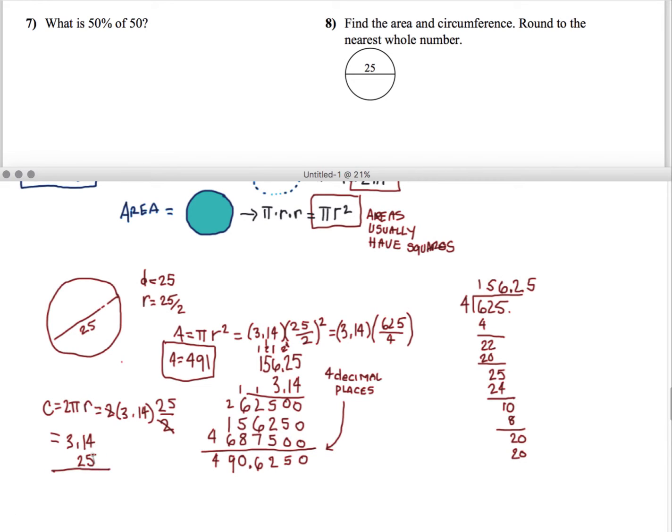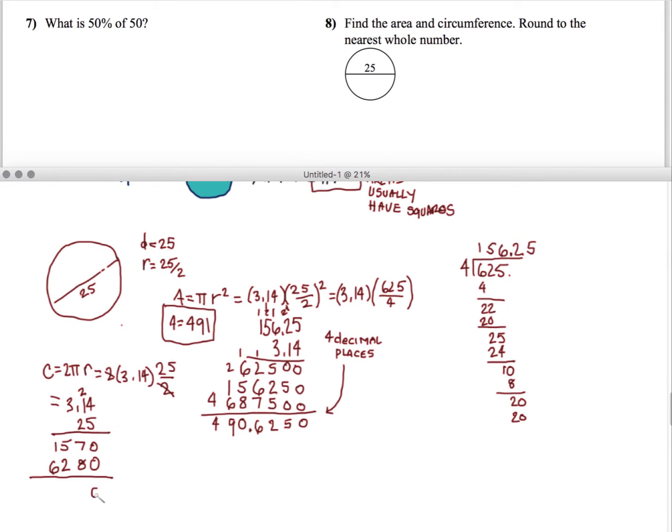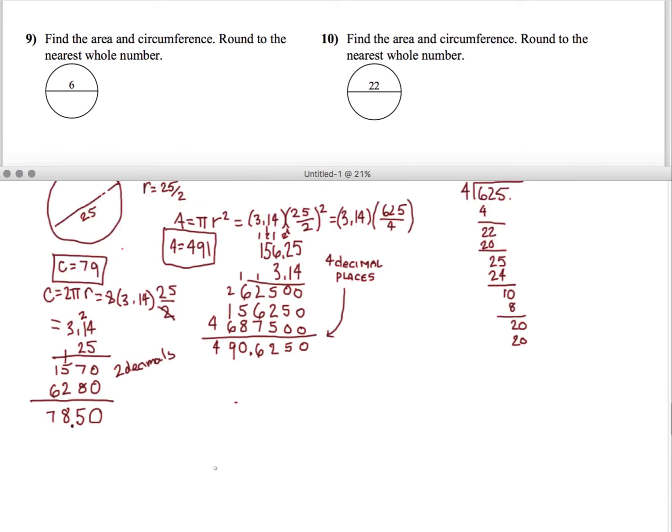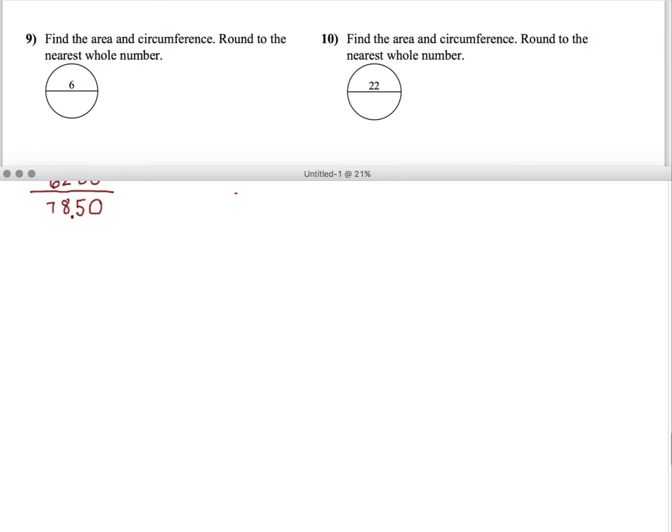Multiplying that out, with 2 decimal places, that's going to be 78.5, or 79. Okay, let's move on to the next one.